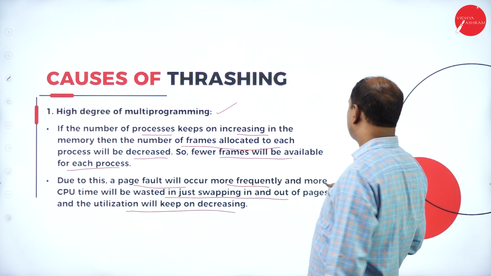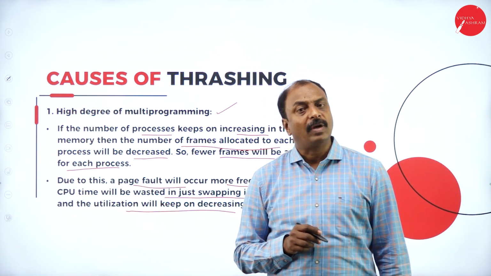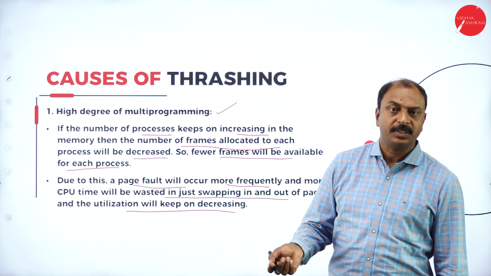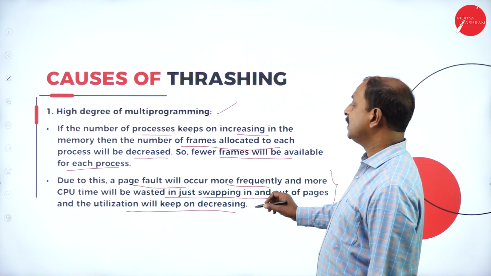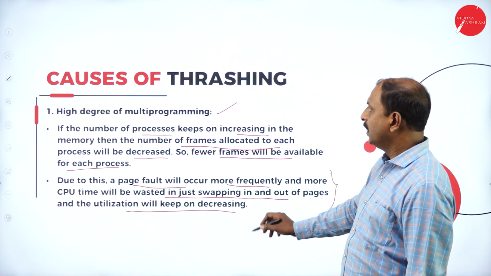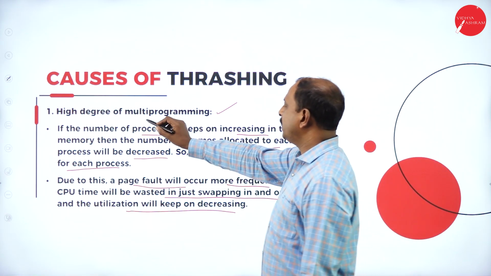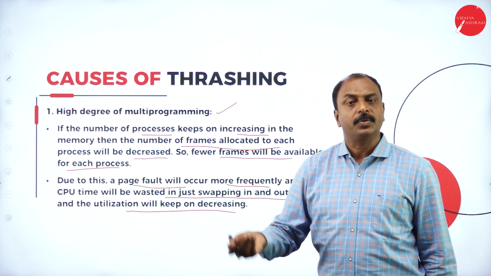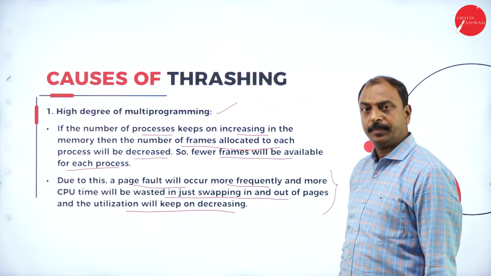This condition is called thrashing. I mean, when swapping in and swapping out of pages continues for a long time, the situation is called thrashing. This is one of the causes of thrashing in a multi-programming or multi-process operating system.